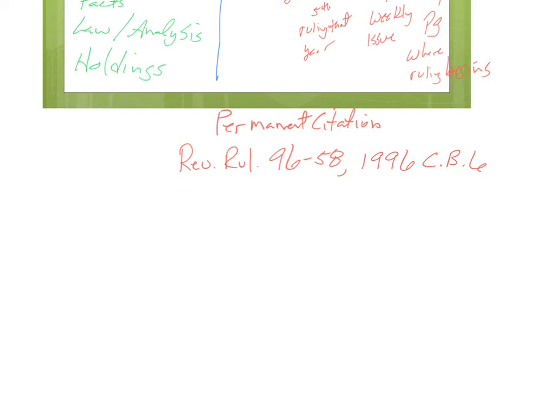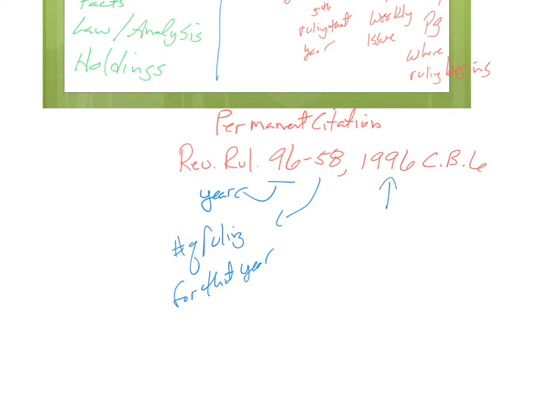Okay, again, that's going to tell you the year. Okay, this is going to tell you the number of ruling for that year. Okay, and this year tells you the year of the volume of the cumulative bulletin.